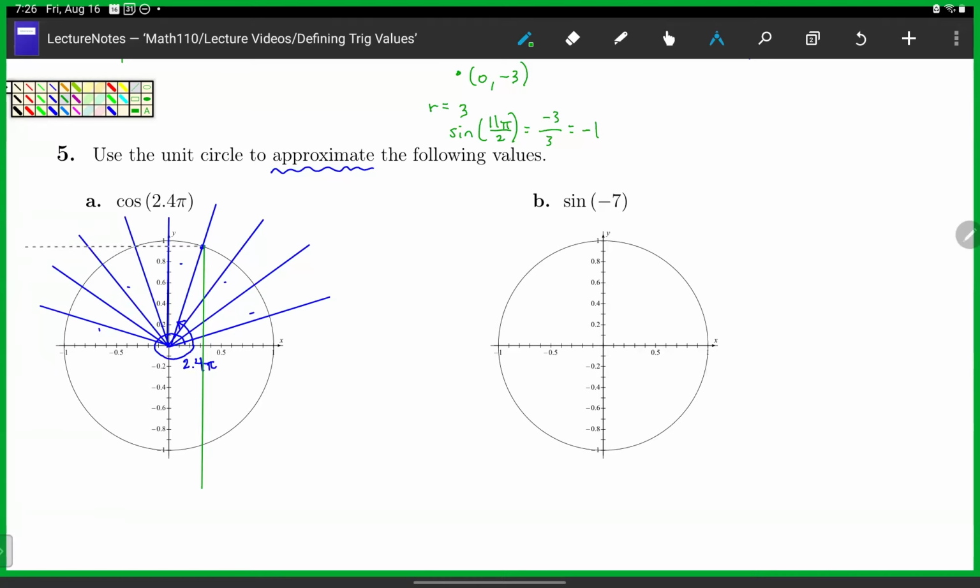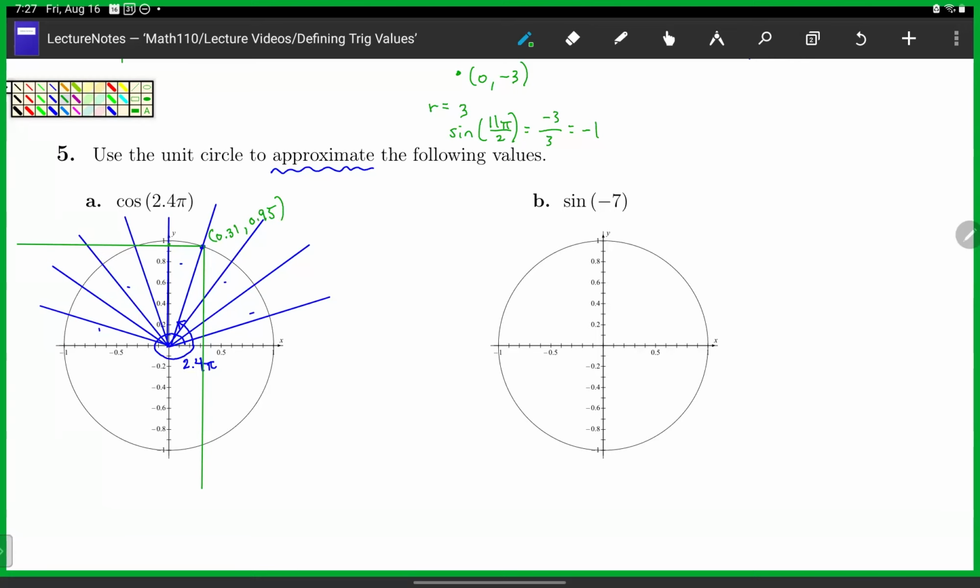And same thing here, using the x-axis to eyeball a parallel. And it looks like my x-coordinate is around 0.31. And the y-coordinate looks like, I don't know, 0.96, 0.95.